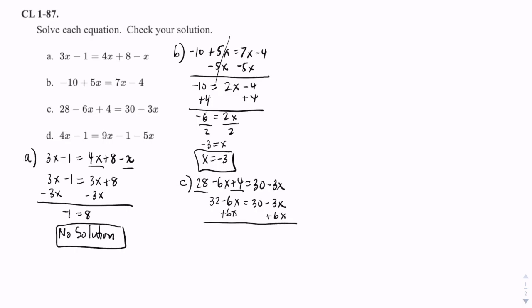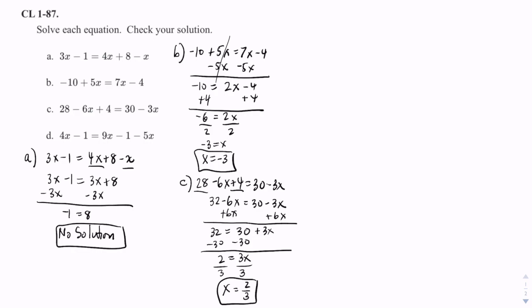Negative 3x plus 6x is plus 3x. And I get 32 equals 30 plus 3x. I'll subtract 30, and I get 2 equals 3x, and I'll divide both sides by 3, and I'll get 2/3 equals x, or x equals 2/3.